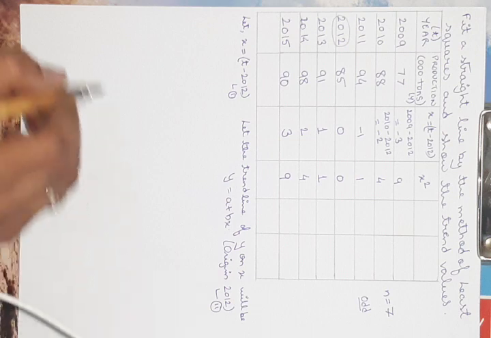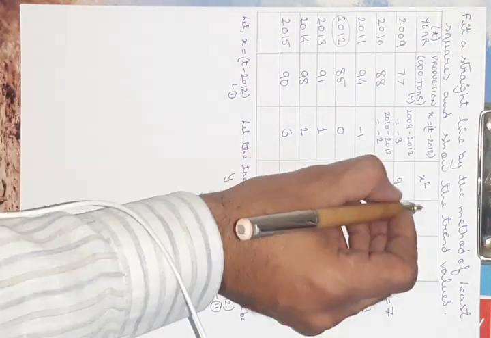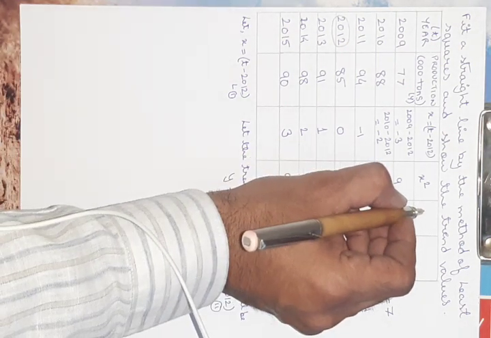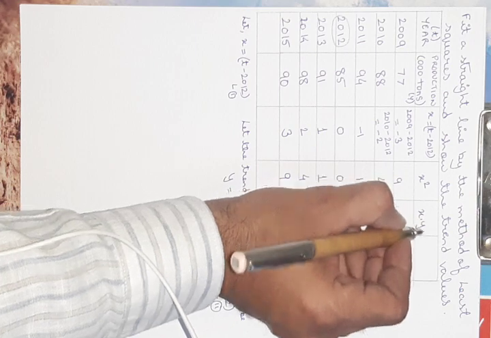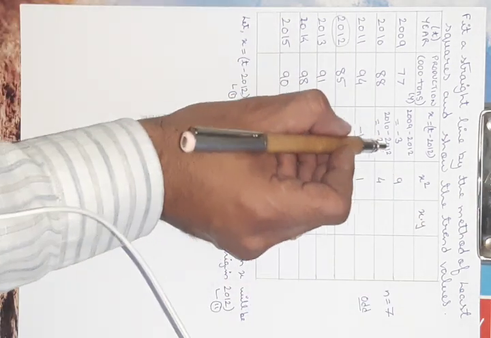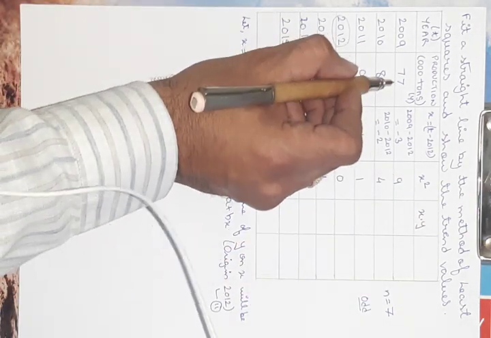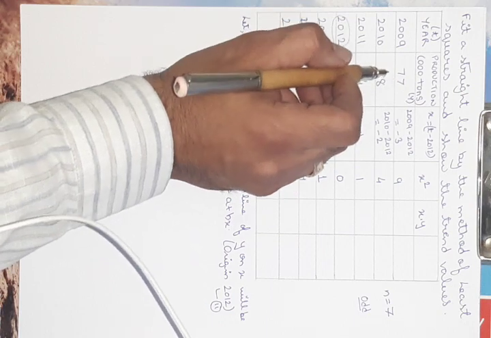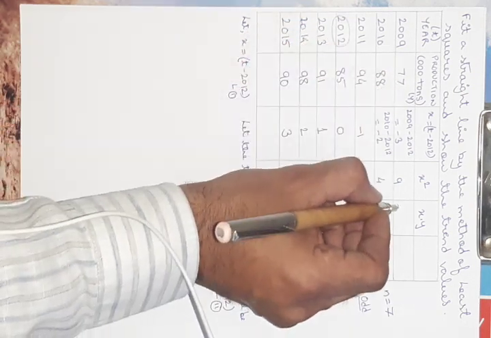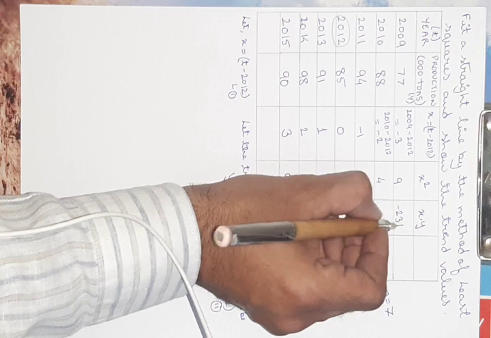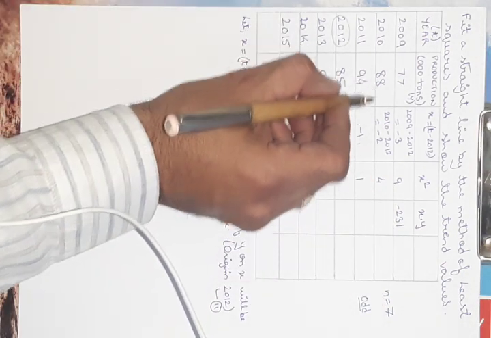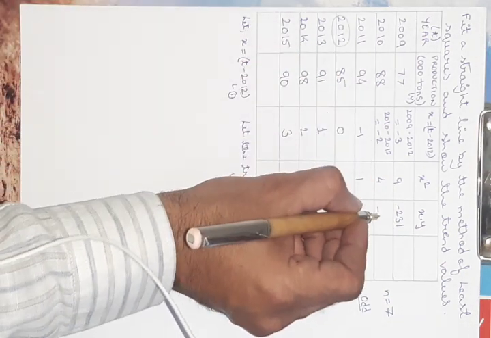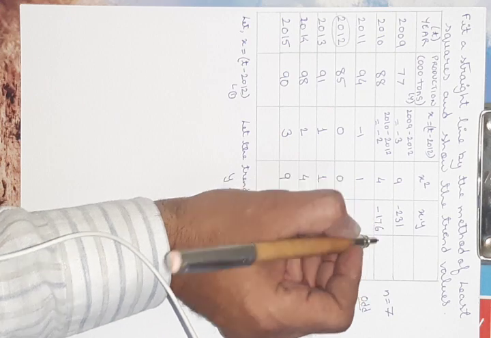Okay friends, now we need to calculate the second last column, that is x multiplied by y. That means minus 3 multiplied by the value of y, 77. So minus 3 multiplied by 77 comes out to be minus 231. Next, 88 multiplied by minus 2, this will be minus 176.